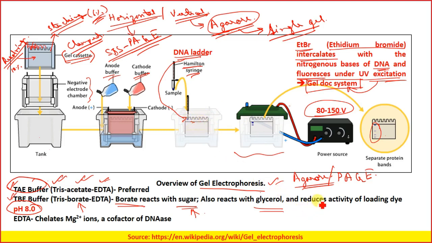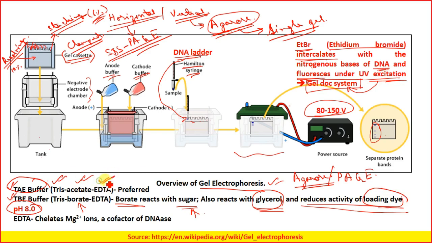Further, borate also reduces the activity of the loading dye, because borate interacts with the glycerol, and hence the loading dye is not able to interact properly with our samples.